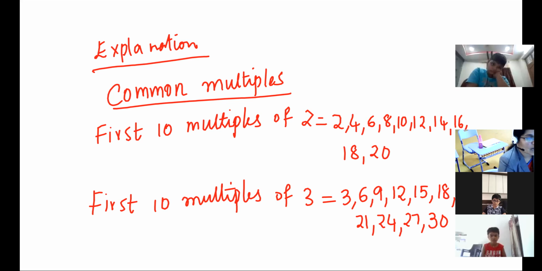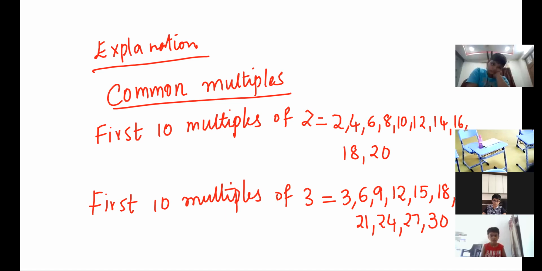Here we have extracted the first 10 multiples of 2 and the first 10 multiples of 3. Now we are going to find the common multiples. What are common multiples? The multiples which we can see repeatedly in both the numbers. Which one is repeating here? Viraj, tell me which one is common?